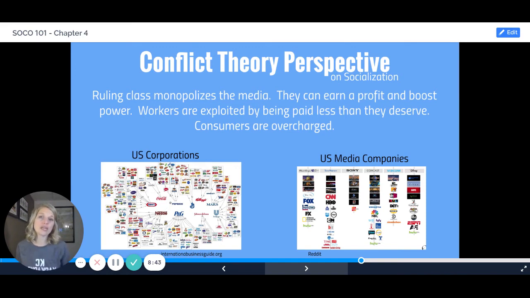Well, conflict theory really looks at those that occupy powerful positions in our society. So it makes the charge, or hypothesizes, that the ruling class monopolizes the media. And by ruling class, that means people who have a lot of money. So that ruling class would be that upper elite class in our society, and they monopolize the media because they own the media.